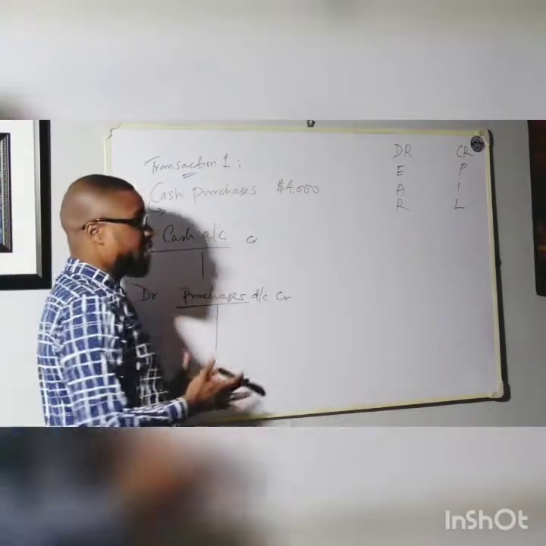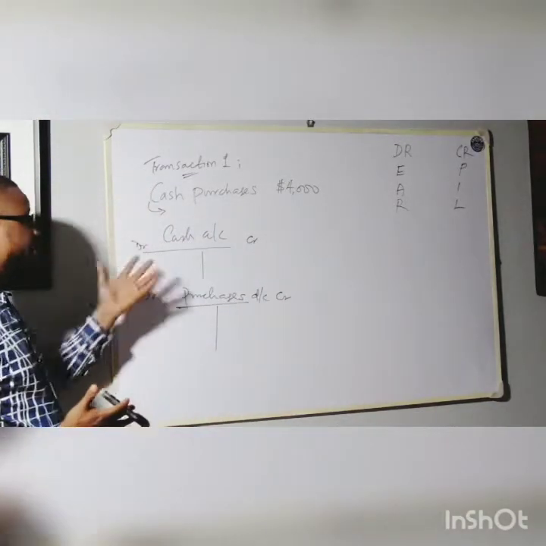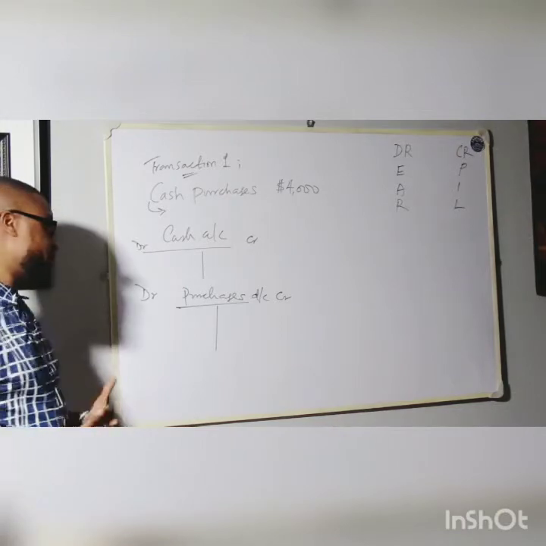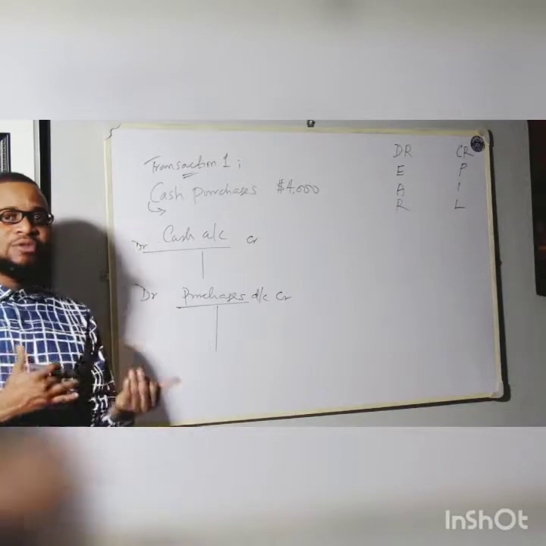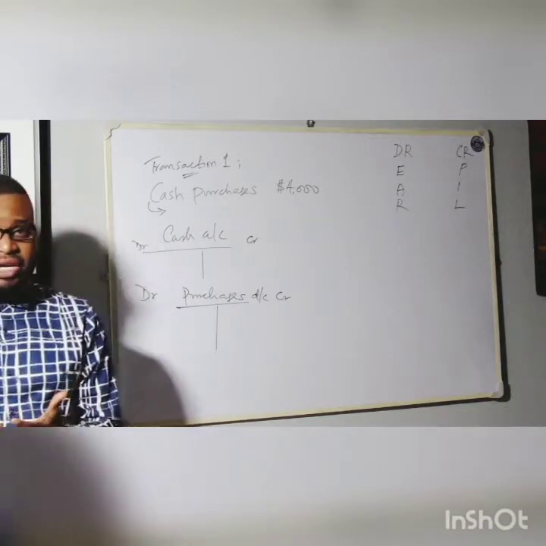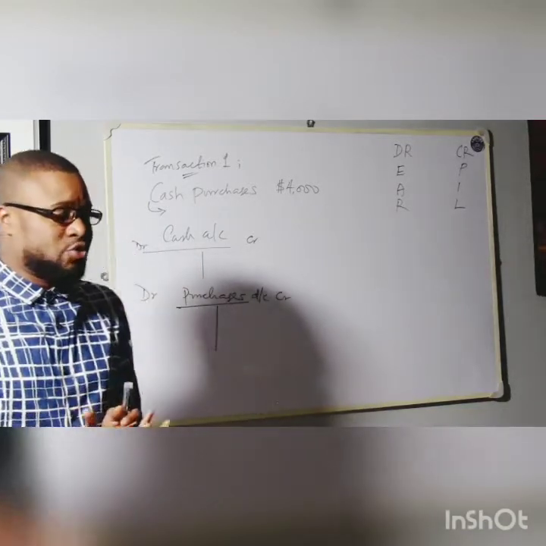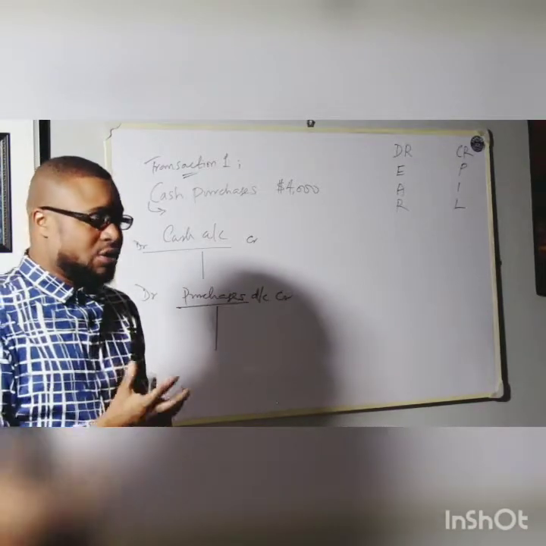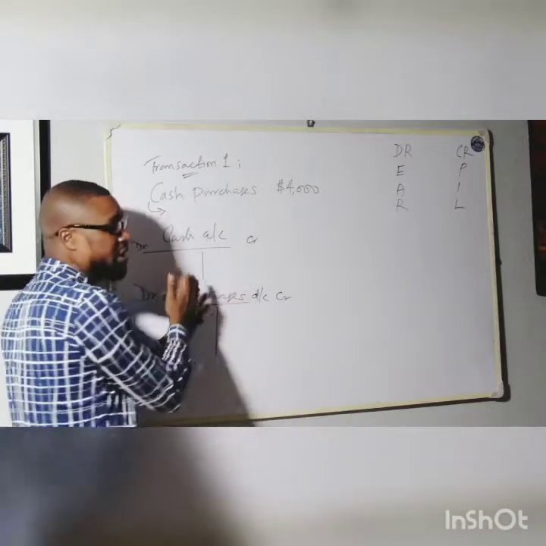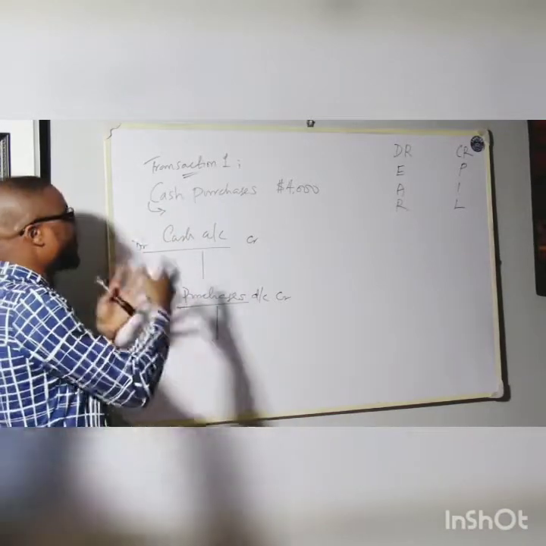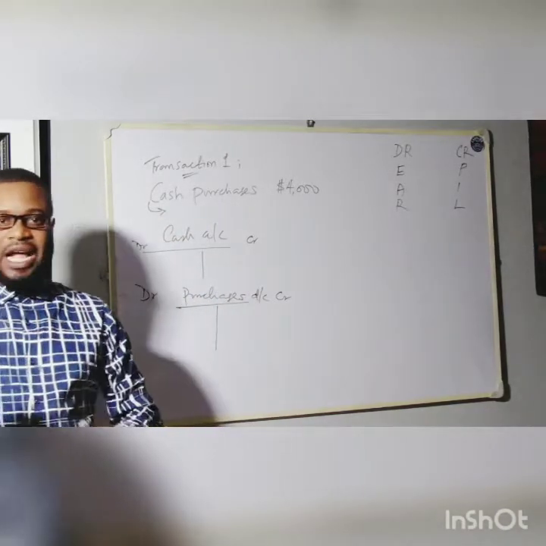Doing this is literally very simple. If you like, you can start with the cash account, or if you like, you can start with the purchases account. In the case of the cash account, it is either of 2 things that happen in business with your cash account. Either the business is receiving money or the business is paying money. So it is either a receipt of money into the cash account, or a payment of money from the cash account.